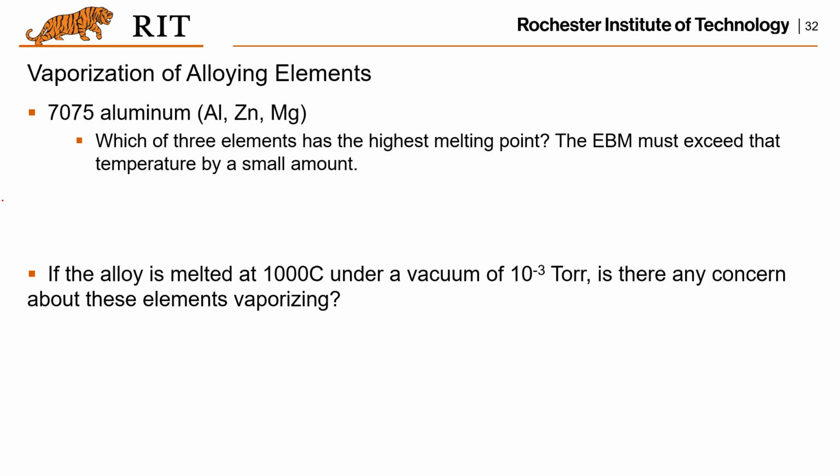Let's say this alloy is melted at 1000 C in a vacuum of 10 to the power of minus 3 torr. Is there any concern about the vaporization of the three elements?